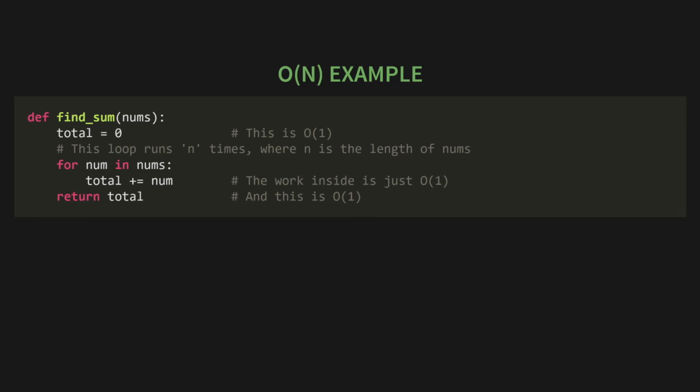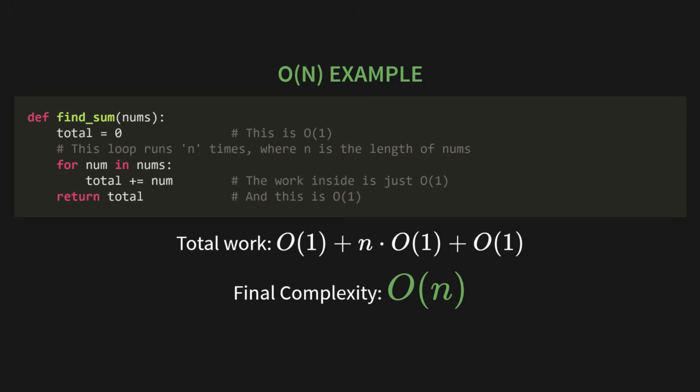The work inside the loop, total plus equals num, is just O of 1. And the final return statement is also O of 1, so the total work is O of 1, plus n times O of 1, plus another O of 1. The n term completely dominates, so the final complexity is O of n.